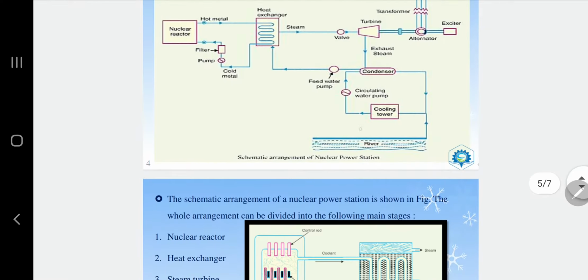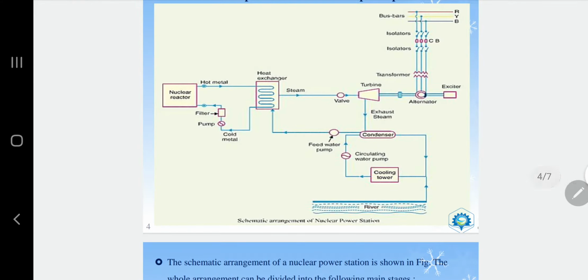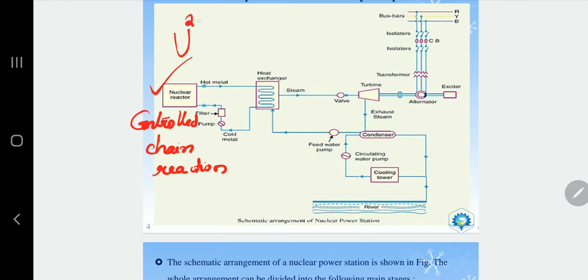So the nuclear reactor is the first block, in which a controlled chain reaction is taking place, and the main fuel for this is uranium 235 or thorium 232.